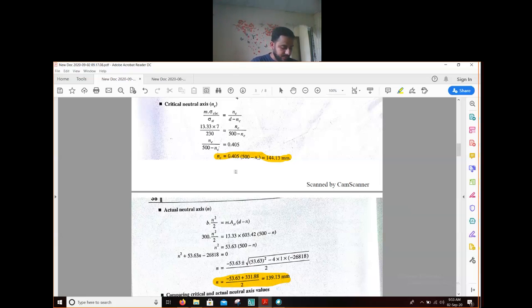Can you tell me from the last class PDF? If NC is more than the actual neutral axis, what will be the type of section? Whether it will be under reinforced section or over reinforced section. Shiroda, can you tell me what is the type of section?